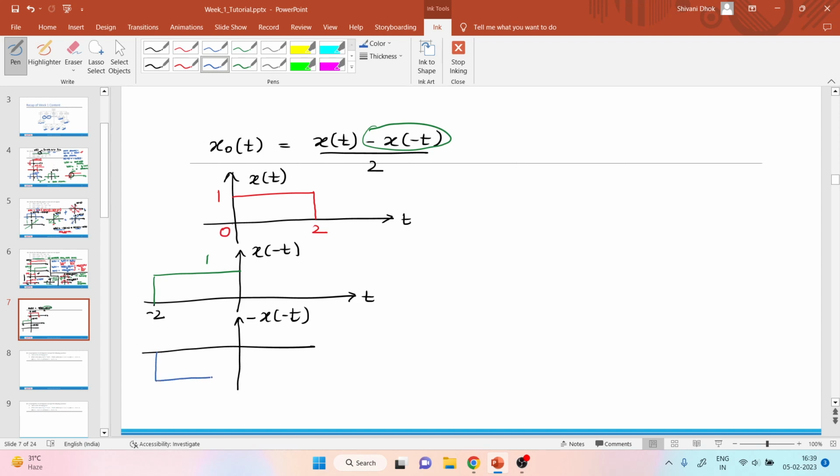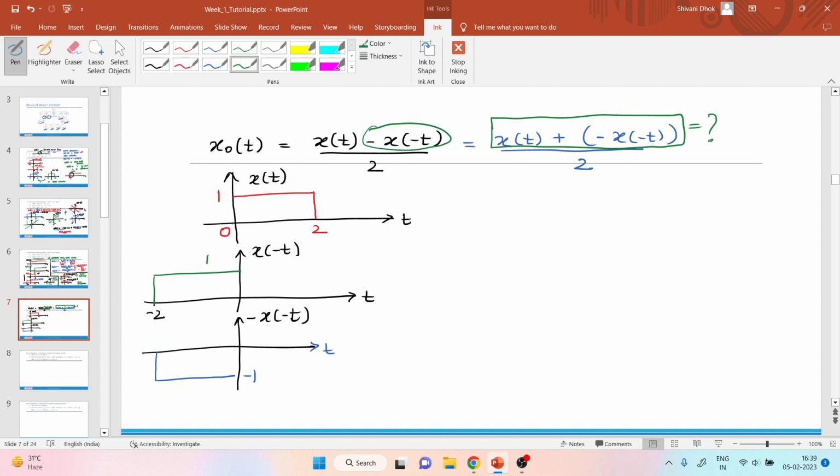So it will be something like this. And this we can write as x of t plus minus of x of minus t, by 2. So let us just focus on the numerator part, forget about this scaling by 1 by 2. So how can we obtain this part? We can just obtain it by adding this signal and this signal.